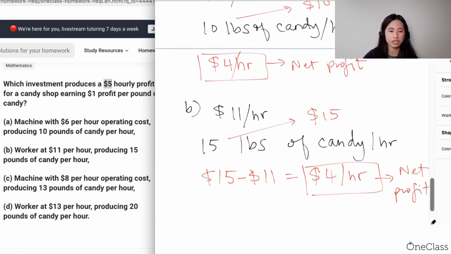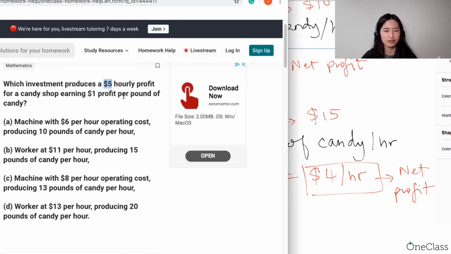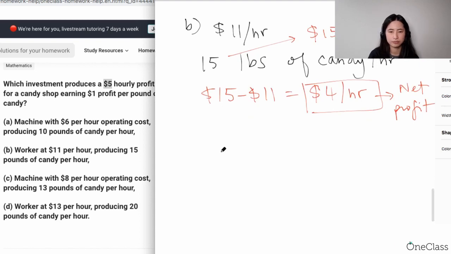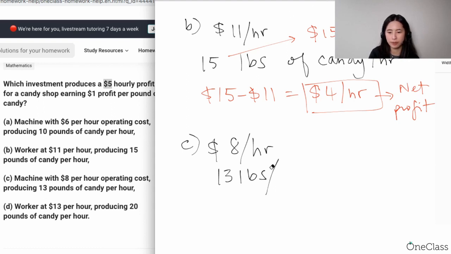Okay, so apparently so far for A and B, we're just getting $4 per hour, so we haven't really arrived at $5. We need to go on and look for that. So for part C, machine with $8 per hour operating costs producing 13 pounds of candy per hour. By the way, the pounds is of candy, so we can just say pounds per hour.